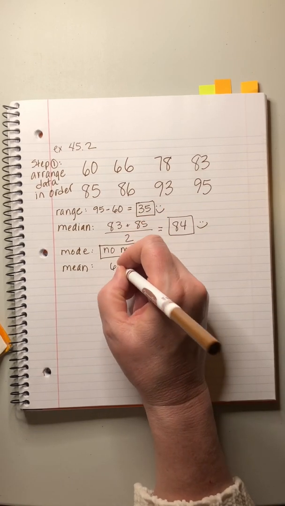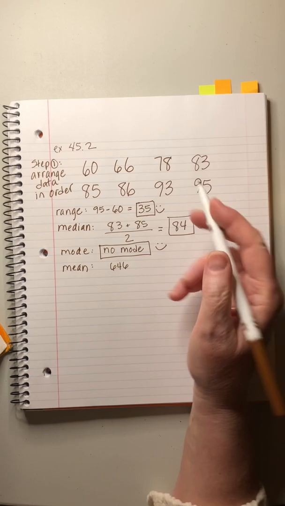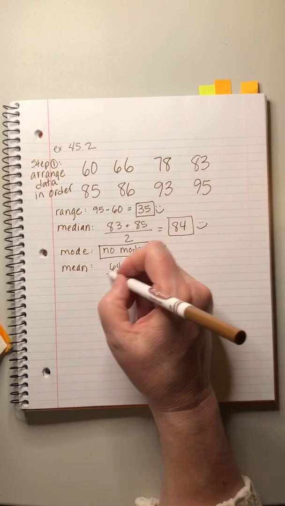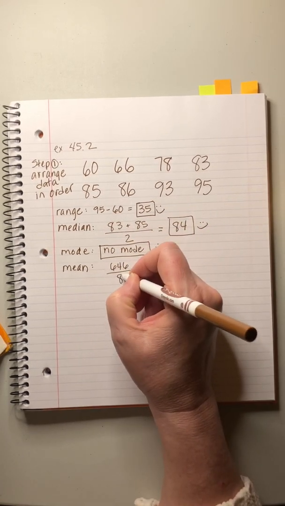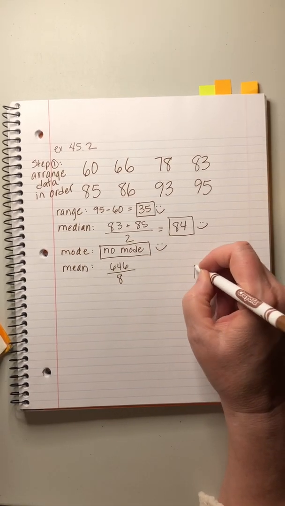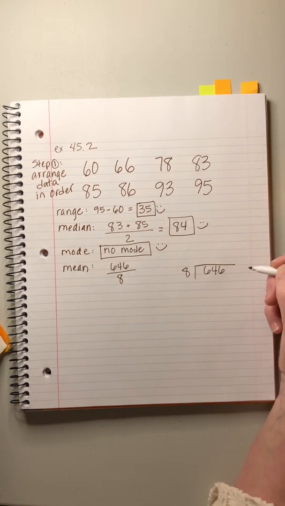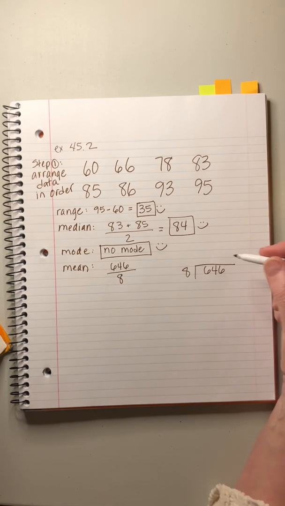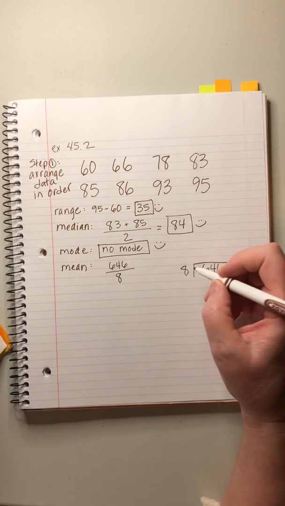It's 646, and then you would divide it by the number of objects. That's 8, and we can go ahead and do that. 646 divided by 8. I will be quiet and let you work. Take it to 2 decimal places.